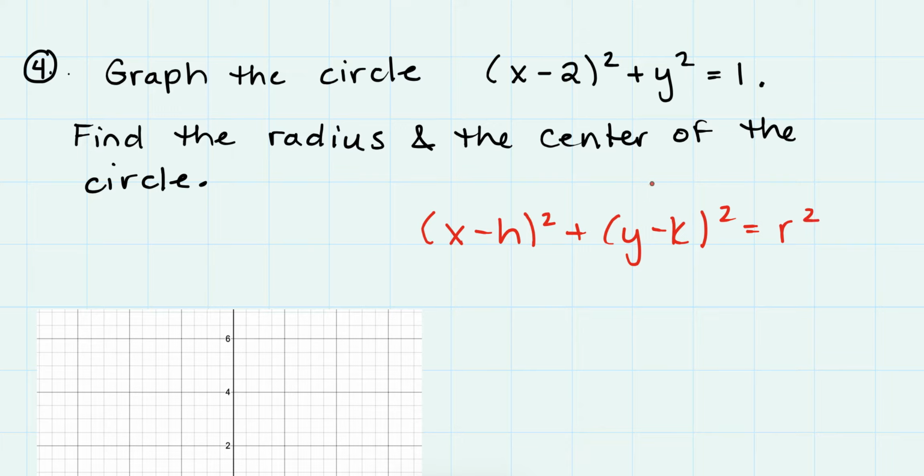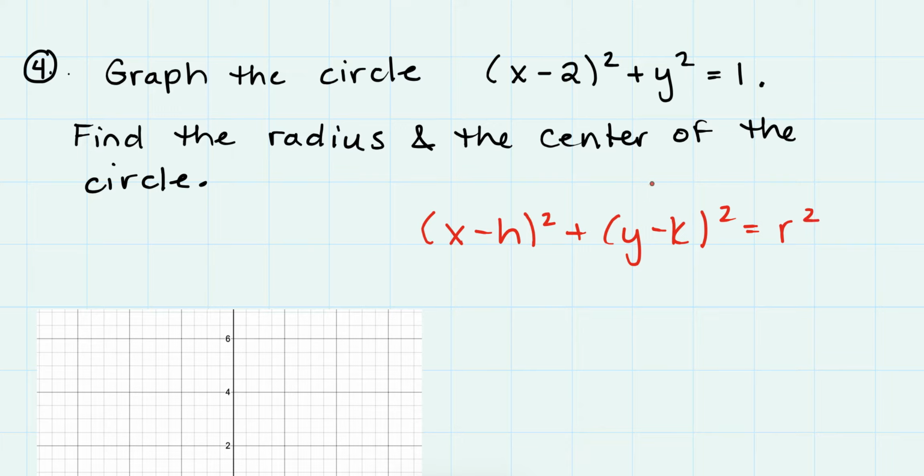But what if we FOIL these pieces? So if I FOIL this, (x - 2)^2 is (x - 2) times (x - 2). FOILing is first, outer, inner, last. You'll get x times x, which is x squared. You'll get a negative 2x, another negative 2x when you do the inner part, and then the last part, which is 4.